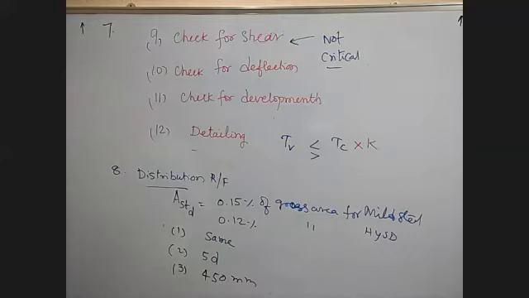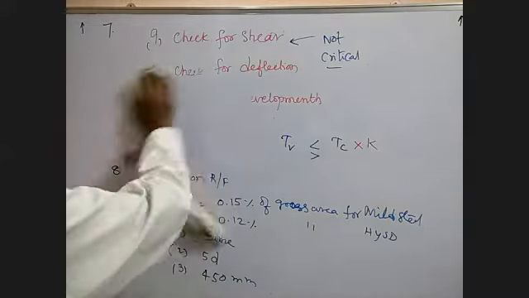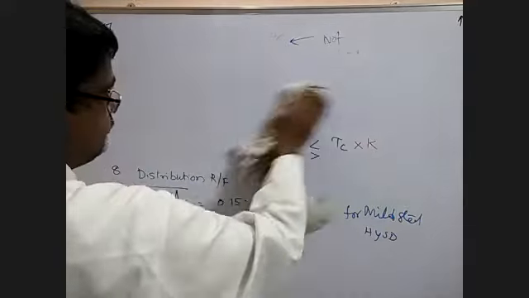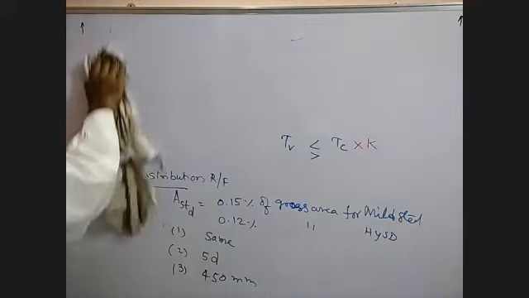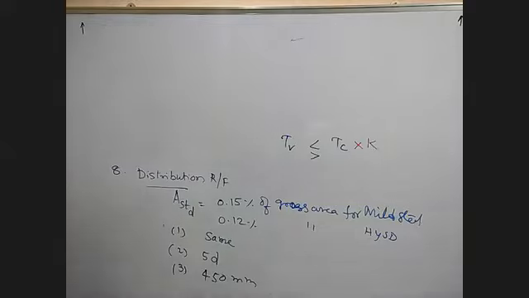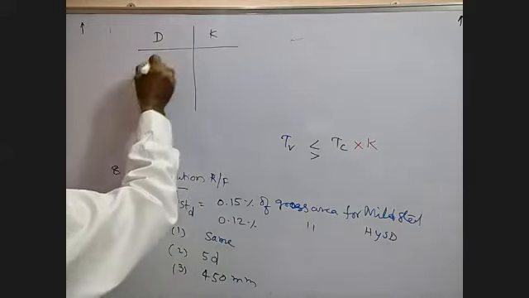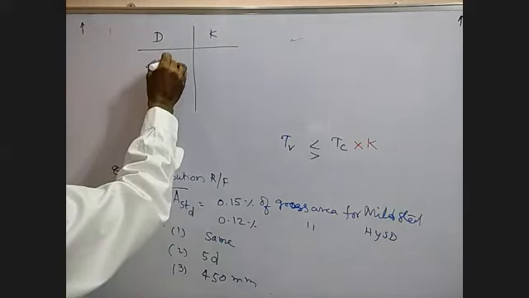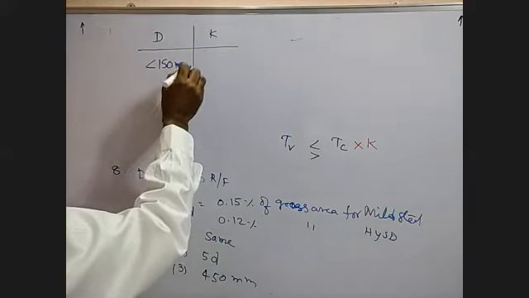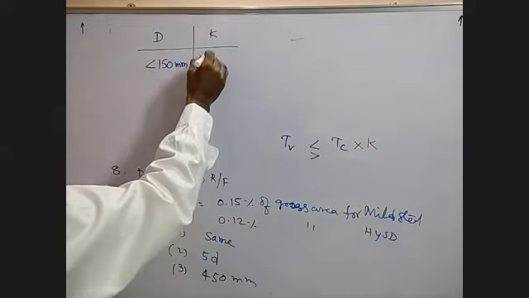But here, what is the K value? It depends on the thickness of the slab, that is, the depth of the slab. The code has given some values for K. If D is less than 150 mm, the value is 1.3.